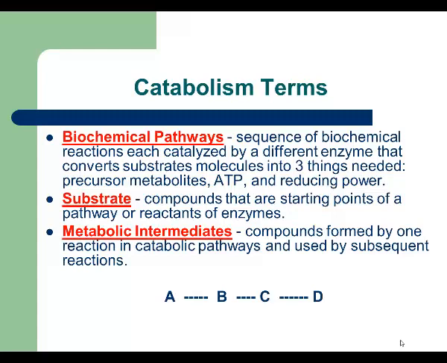What is going to be D in this reaction? D in this reaction will be what we call the end product. How about B and C? B and C are metabolic intermediates. So metabolic intermediates, those are compounds that formed by one reaction of the pathway and used by next reaction.